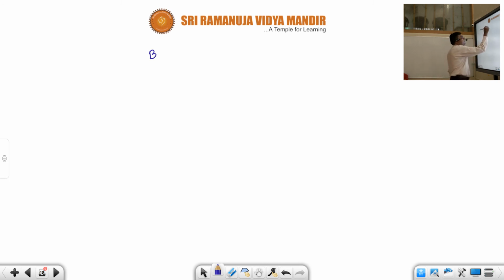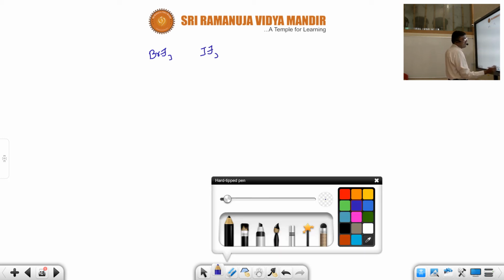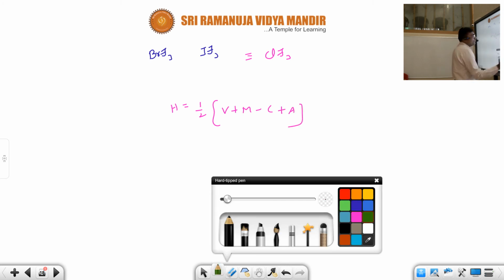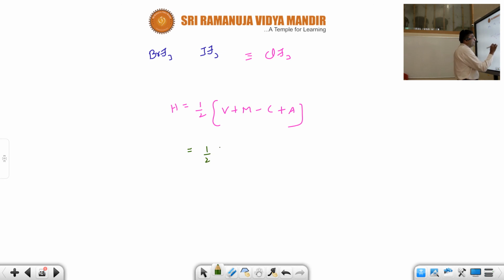One more example, BrF3, I have given. IF3 I have also given. This is isostructural with ClF3, because I already explained ClF3, T shape. So these also have T shape. H is equal to half into V plus M minus C plus A. If you see here, half into valency 7, plus the number of monovalent atoms 3, so it comes out to be 5.